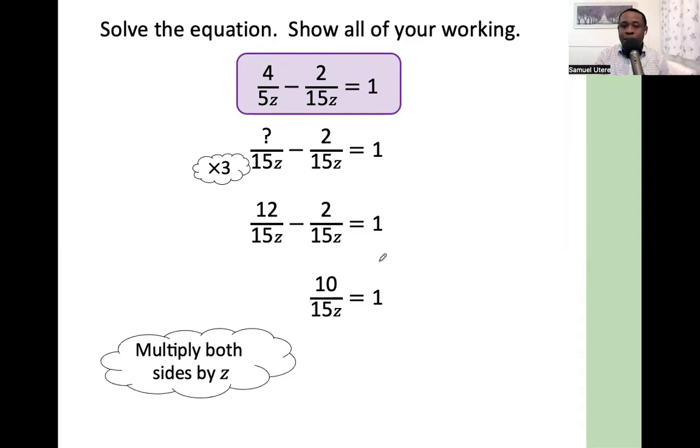So we can do that by multiplying by z. And that gives us 10 over 15. If we multiply both sides by z, it gets rid of z from here, because multiplying by z on the left-hand side eliminates the z which is dividing here, and we have z on this side. And that gives us our answer.